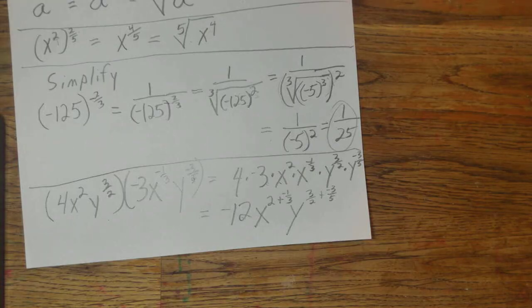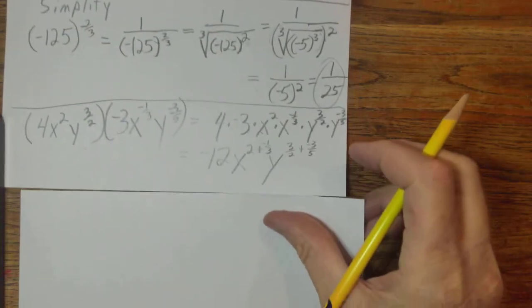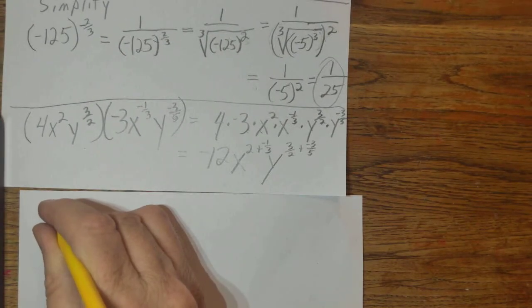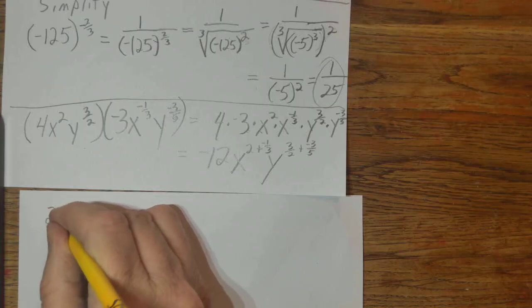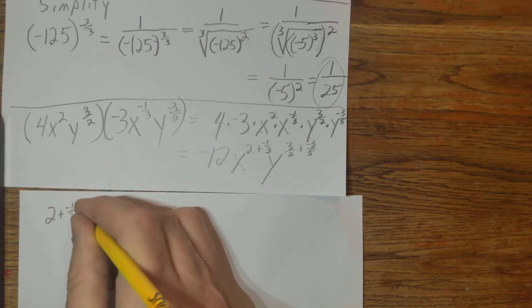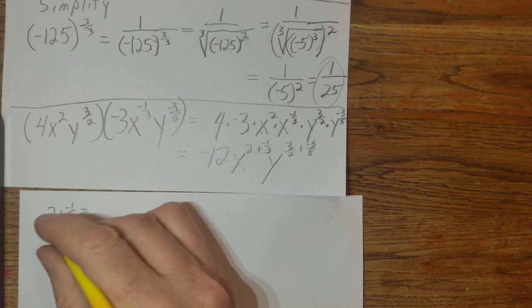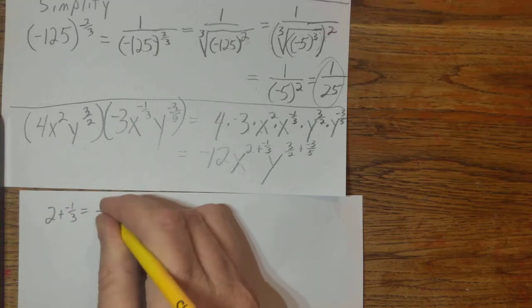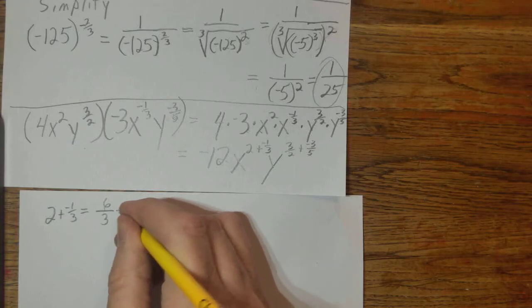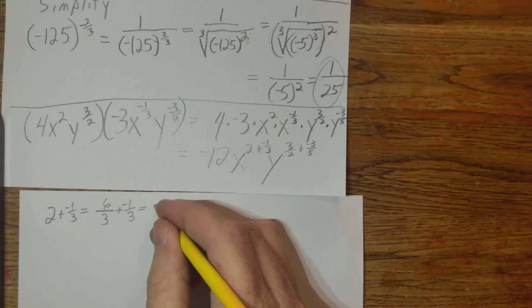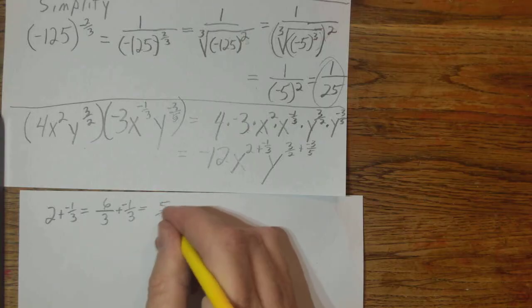Let me just get another piece of paper and keep doing that a little bit here. So 2 plus negative 1/3. 2 is what over 3? It'd be 6/3. Plus negative 1/3 is 5/3.